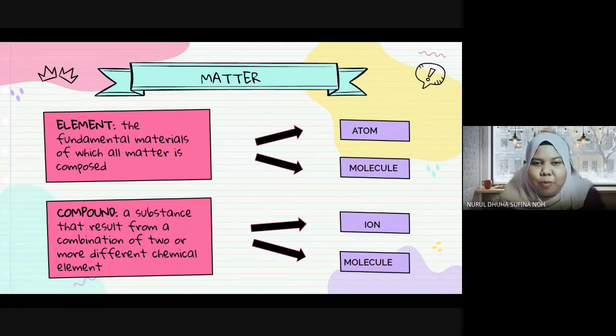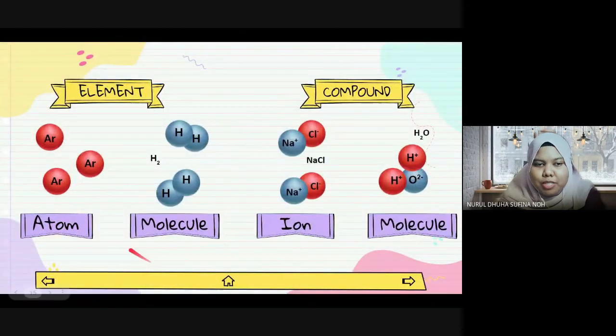Okay, so I provide you with a picture to help you understand more. Okay, this is one atom of argon. So, this picture shows three atoms of argon, as an element only consists of one chemical element, while for molecule element, it is the combination of the same chemical element.